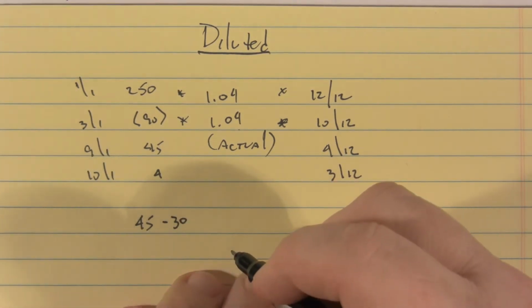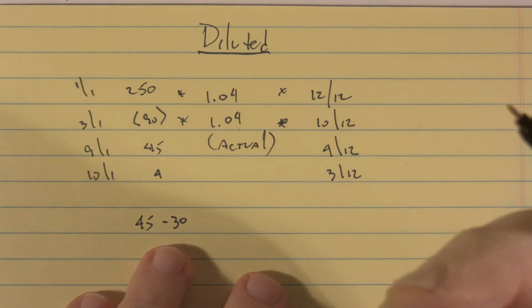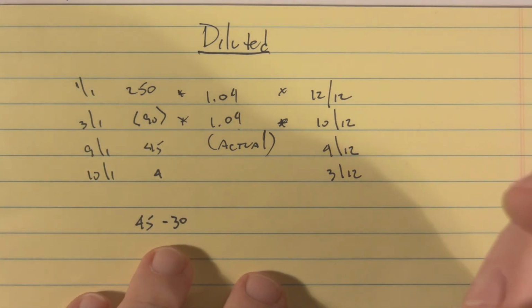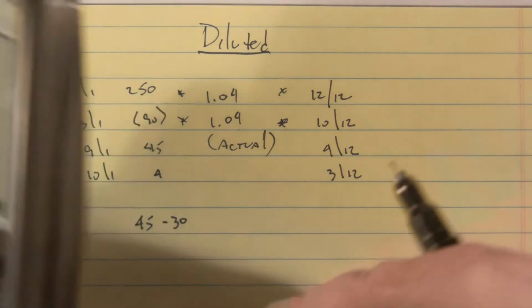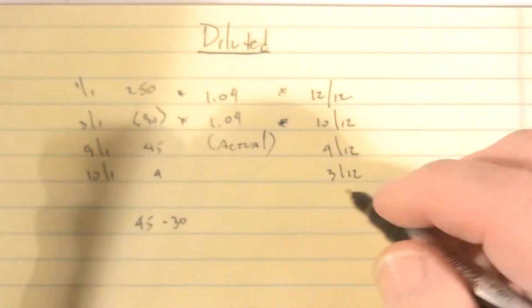That's how many we would have bought, so that would have come out of treasury shares. Because we exercised the options, 45 million at $50 each, we came up with 2,250 million. We divided it by the $75 share price, and we came up with 30 million.